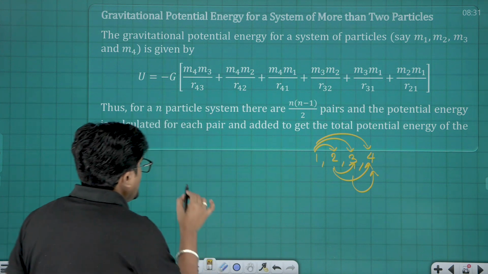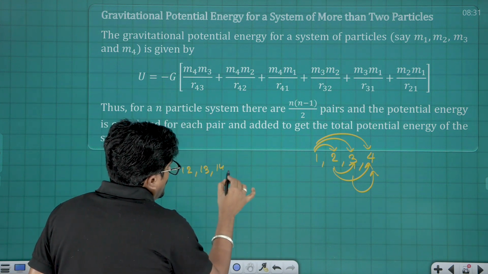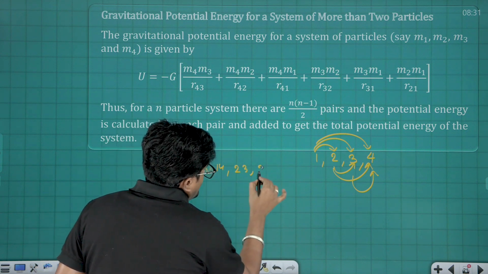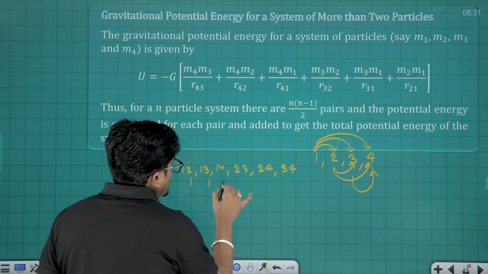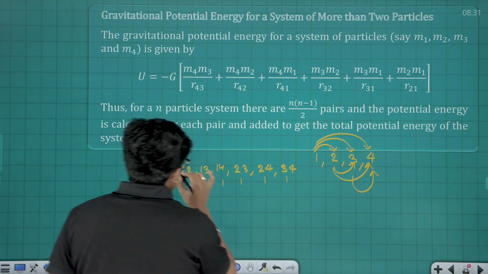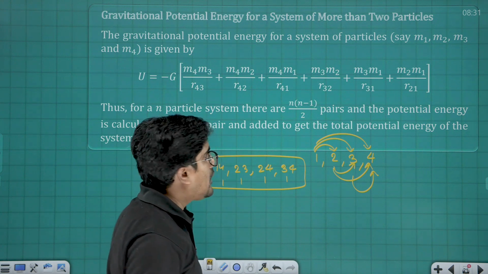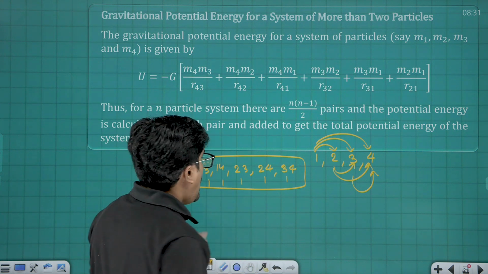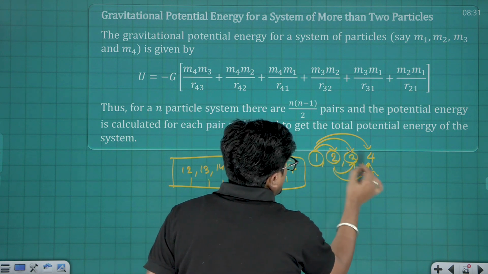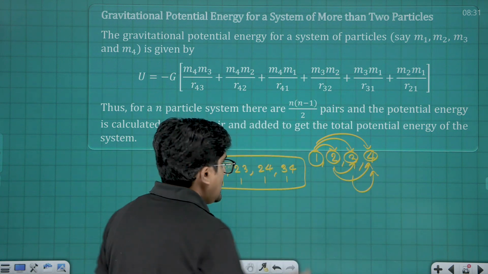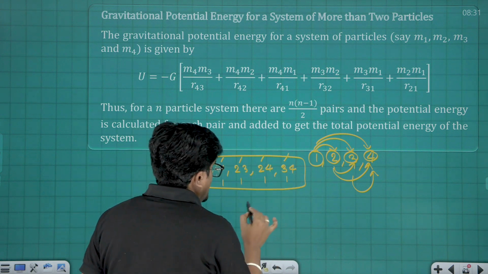So 1, 2, 3, 4, 5, 6. So there's going to be a set of 6. Alright, and how to identify that? Masses were 1, 2, 3, 4. 4 masses were there. Alright, now how many sets are here? 1, 2, 3, 4, 5, 6 sets are here.